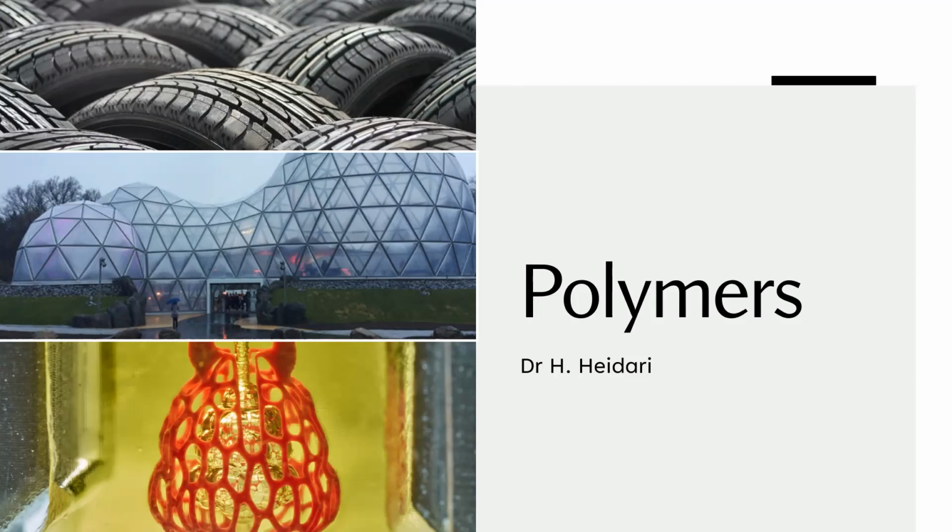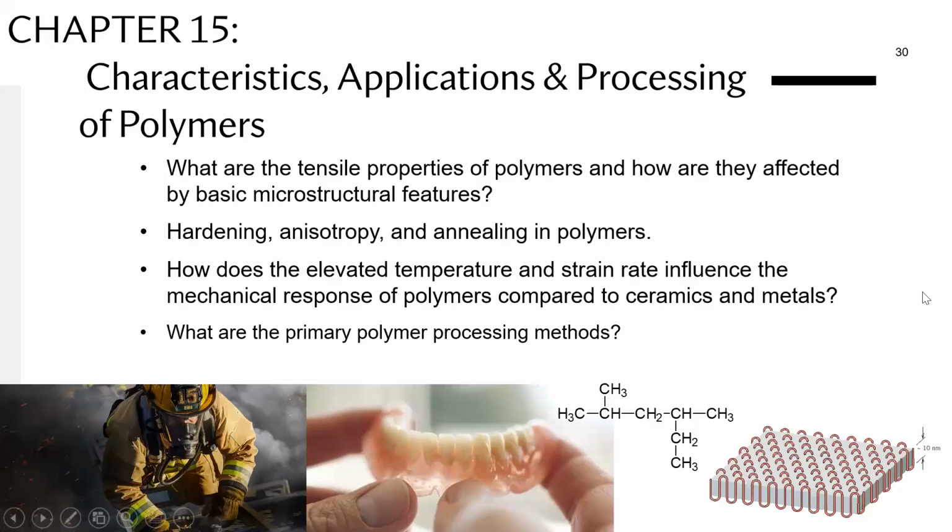first week. So the questions that we're going to answer are, first of all, in terms of characteristics, what are the tensile properties, how do they perform mechanically, and how are these connected to their microstructural features? So how does structure connect to the performance and mechanical behavior of these materials?